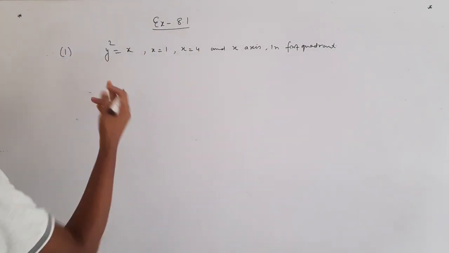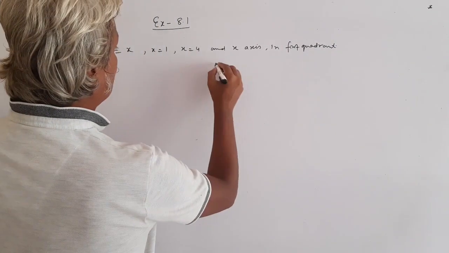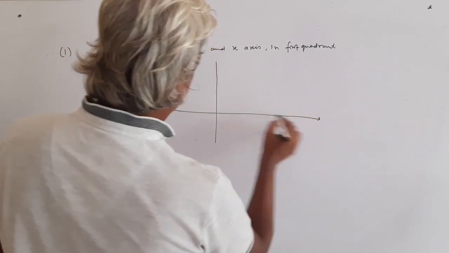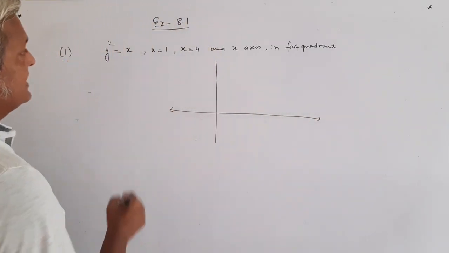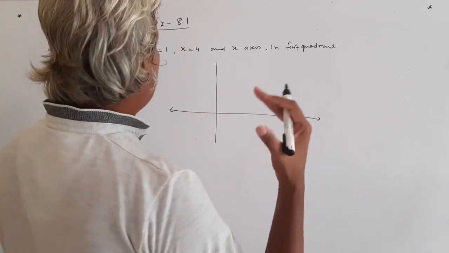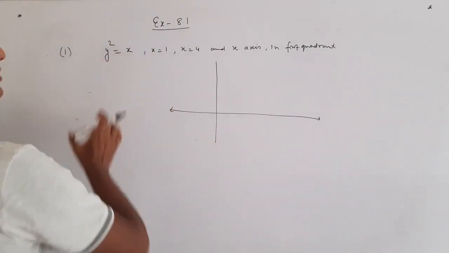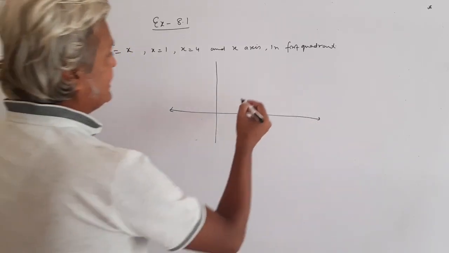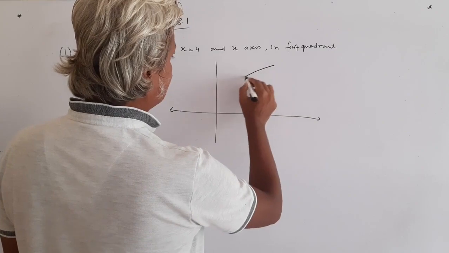Now let me plot this, y square equal to x. This is a parabola. If you have studied parabola in standard 11, then y square equal to 4ax is the parabola, and the nature of this parabola is that its axis is along the x-axis and it always takes the form like this.